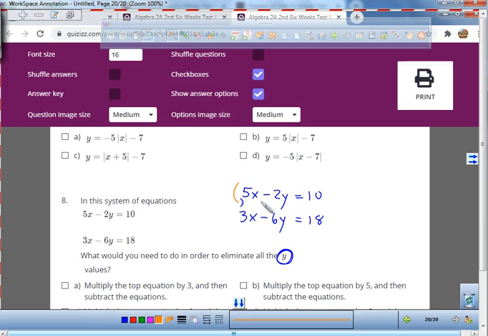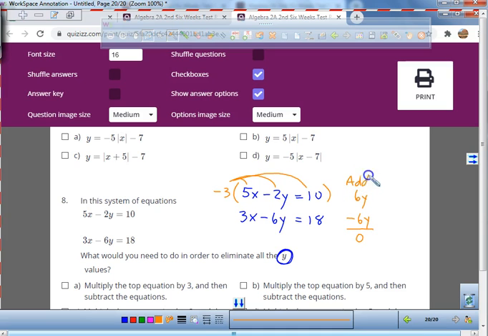I could take the top equation and multiply it by a negative 3, because if I did that, what's a negative 3 times a negative 2? It makes it a what? A positive 6y, and under here I have a what? Negative 6y, and that would cancel out if we did what?